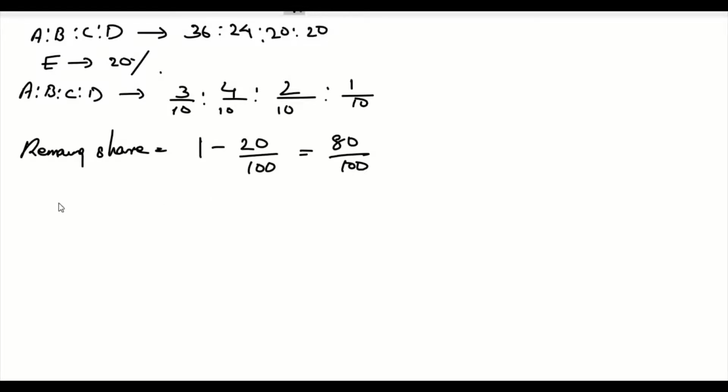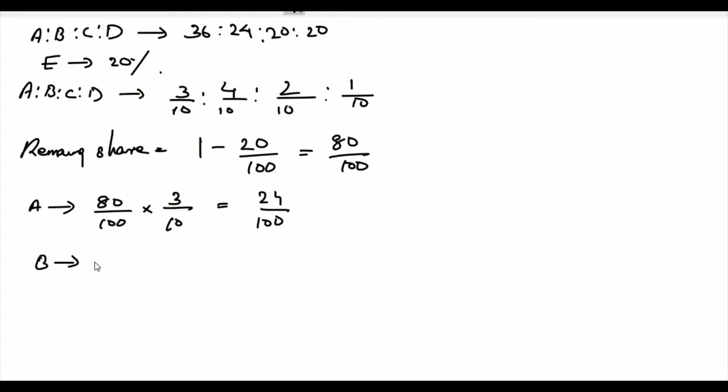So in order to find the new profit sharing ratio of A, the remaining profit 80 by 100 multiplied by their new profit sharing ratio, which is 3 by 10. Okay, that is going to be how much? It's going to be 24 by 100.